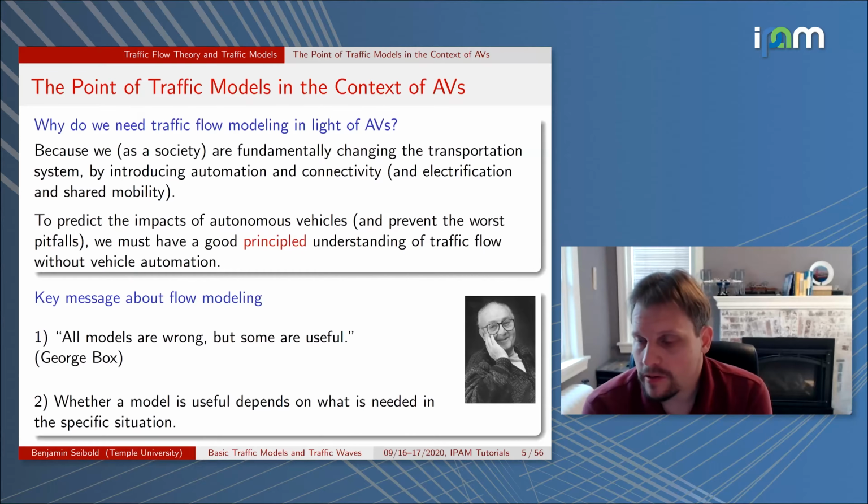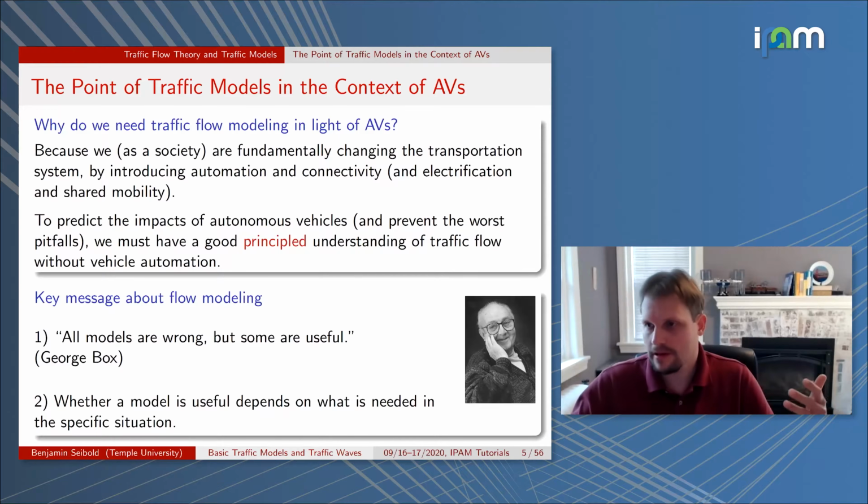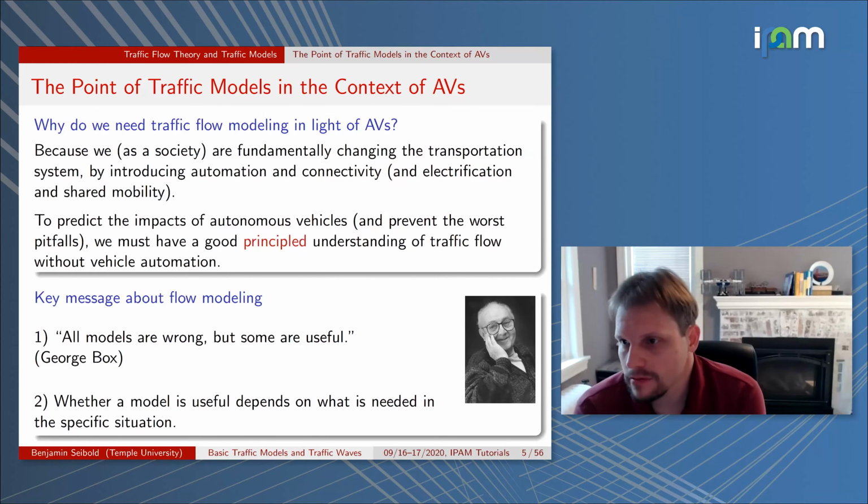Now, whether a model is useful or not depends, that's the second message, on your situation and what you're interested in. It's not that a model intrinsically is useful or not useful. It depends on what you want to predict. So for example, if I want to know the precise trajectories of all the vehicles, and I use a description that doesn't track the individual vehicles, but only zooms out and takes a rough averaged evolution, the model is incapable of giving you precise trajectories.